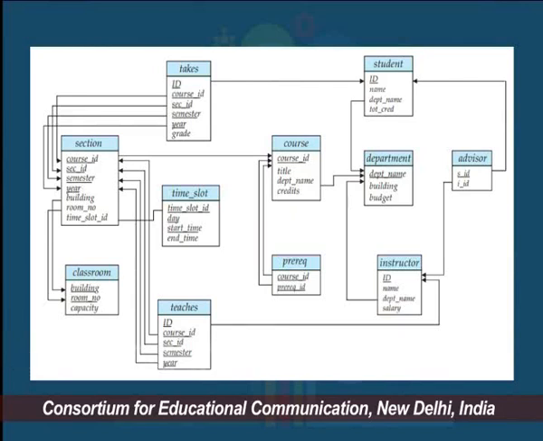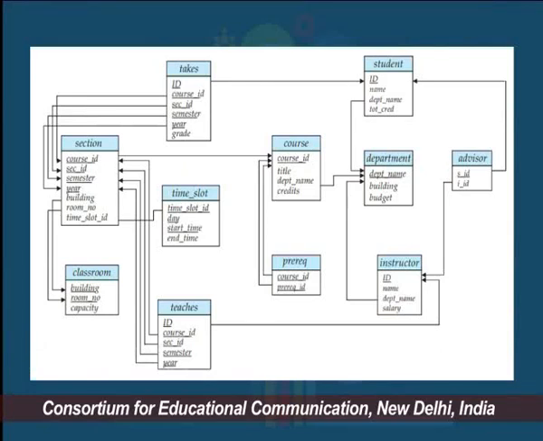Now if we want to talk about the foreign key dependency, in this course you can find an arrow coming from the prerequisite table lying under it, which has course ID and another field.